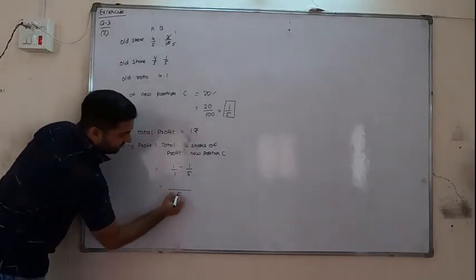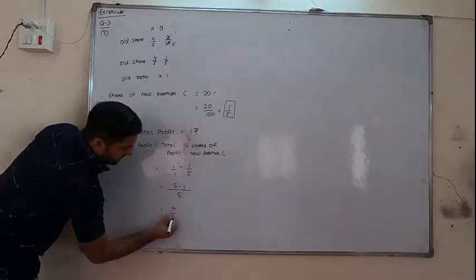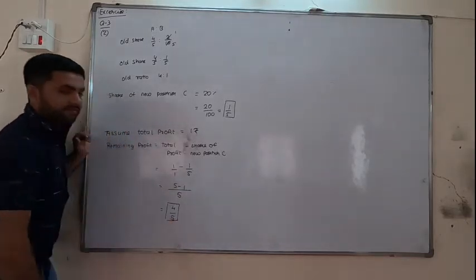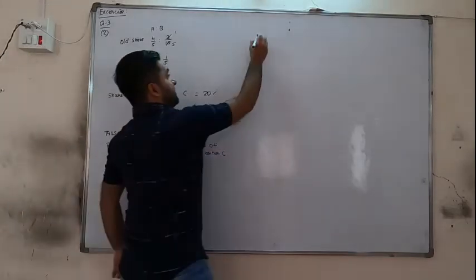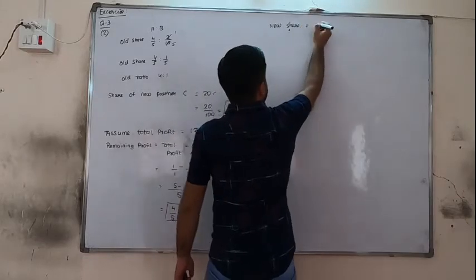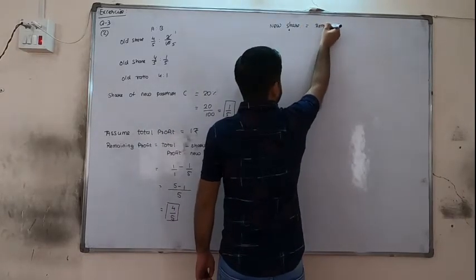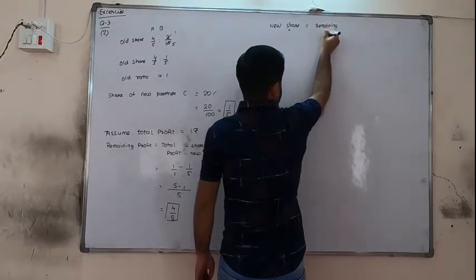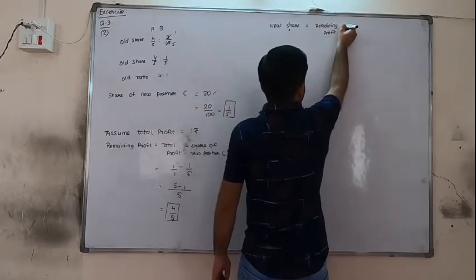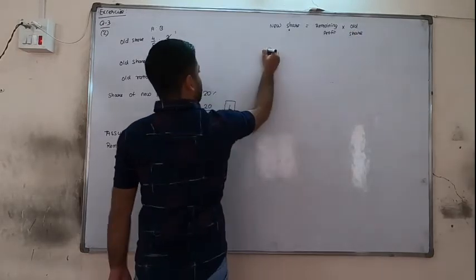Okay, so 5 ones are 5, 5 ones are 5, 1 ones are 1. Answer will be 4 by 5. Next step is new share. New share is equal to remaining profit multiply old share.